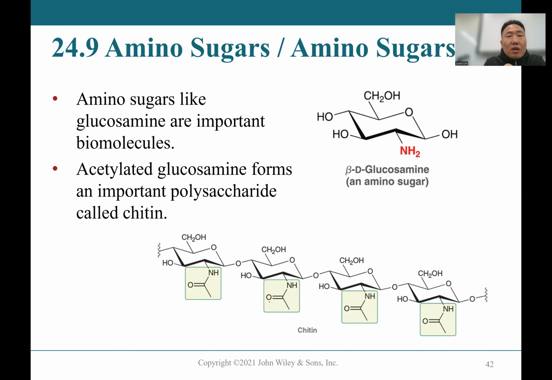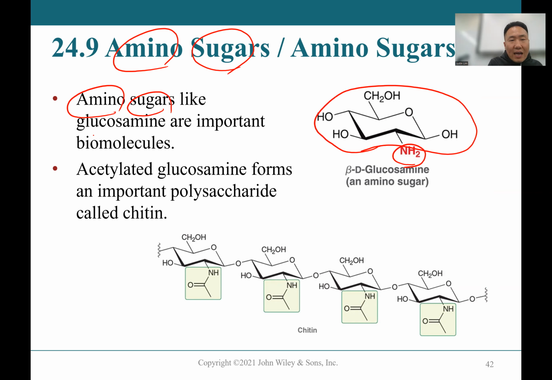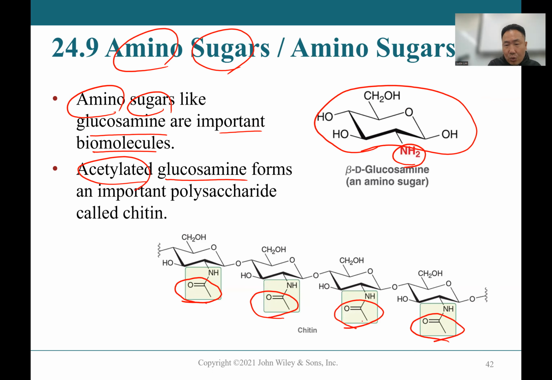Okay, next, amino sugars. In amino sugars, you can see an amine group and a sugar. Amino sugars like glucosamine are important biomolecules. Acetylated glucosamine. Acetylated, what does it mean? CH3CO, that's the acetyl group.